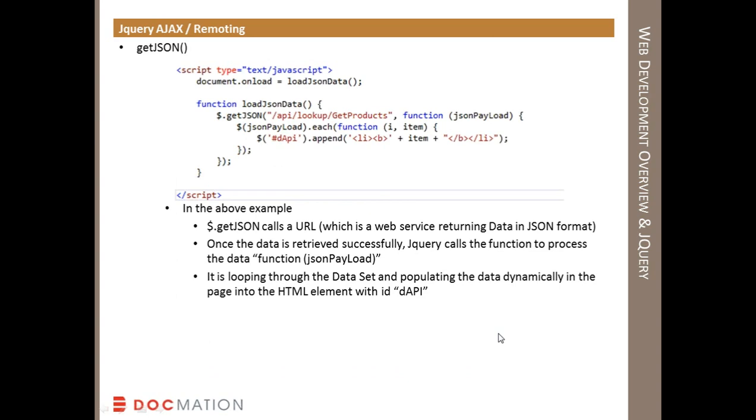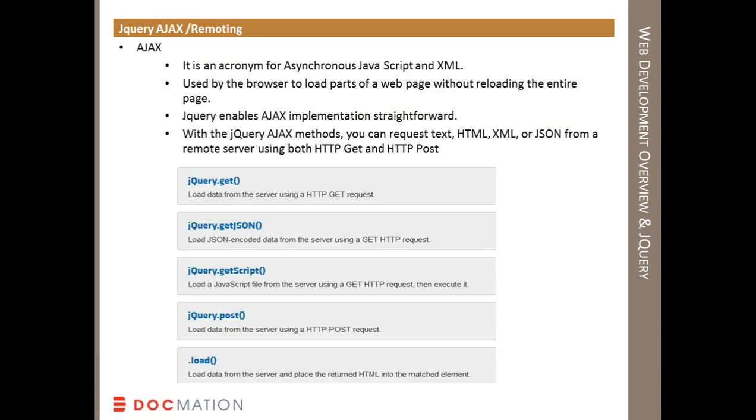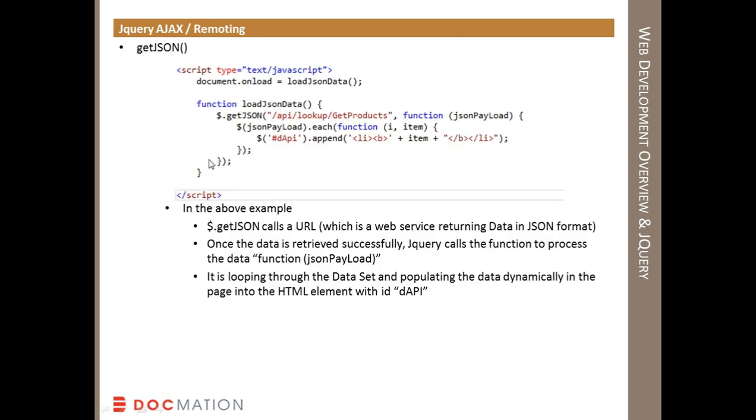Ajax, I'm going to populate this data in an HTML page. So you can use either JSON.get or JSON.post. We'll look at the other methods later on. For now, let's look at get or post. The syntax for the get method or getJSON is pretty much the same. You have to specify the URL for your web service.